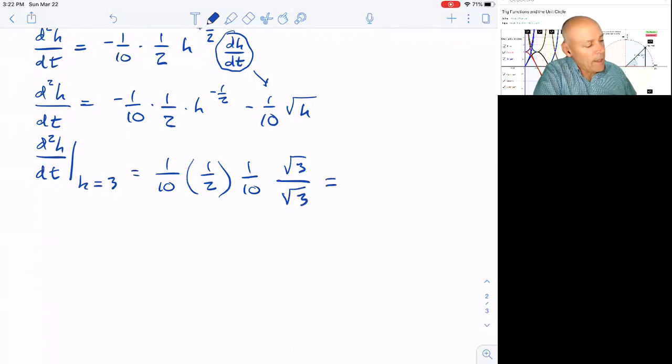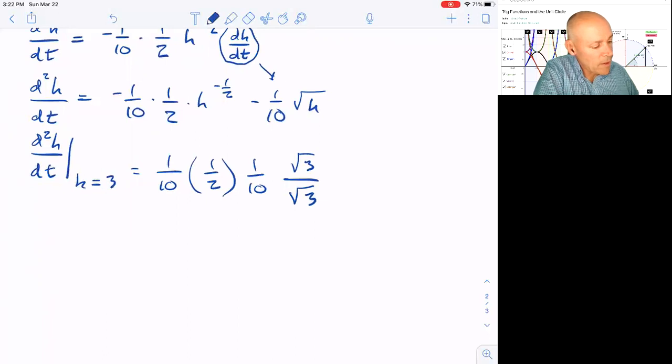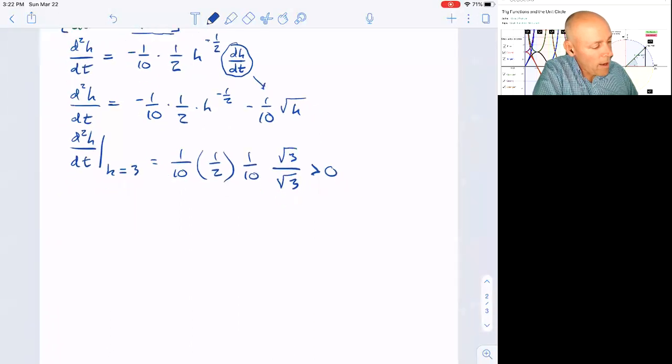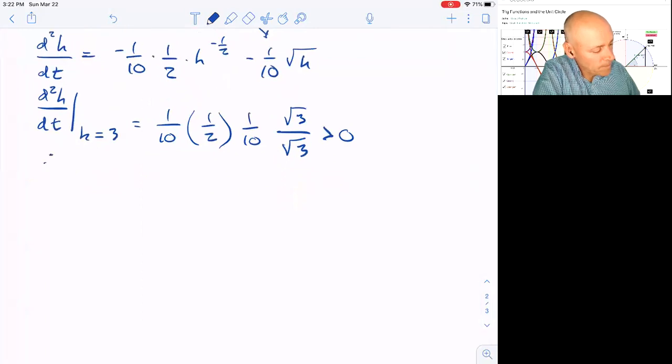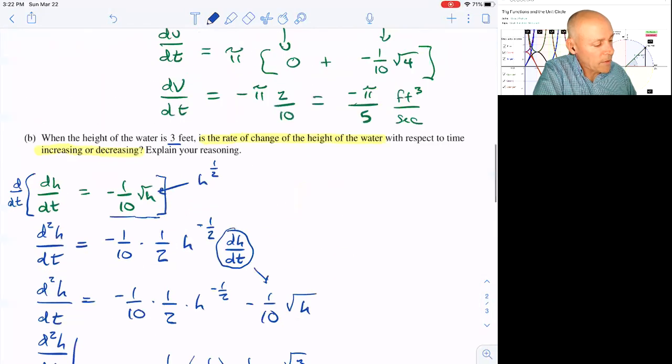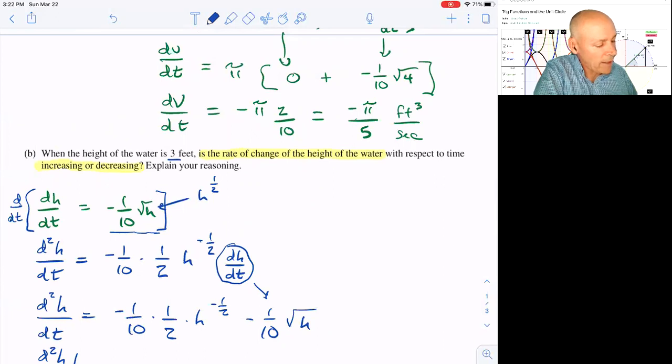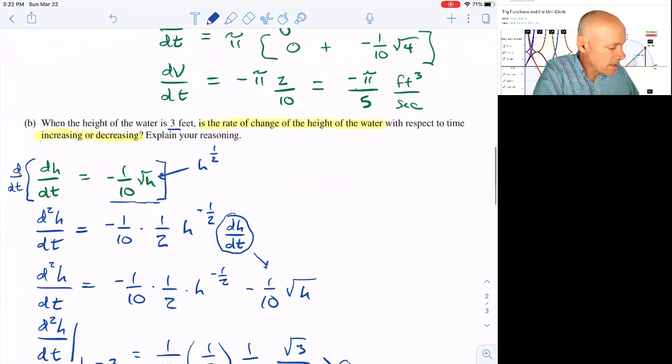Well, I don't even really care what this is. The only thing I care about is that this is going to be some positive number. Therefore, what I like to do is just phrase the question back to them, but I can see since this is positive, it's going to be increasing. I'm going to say the rate of change of the height of the water with respect to time is increasing when the height of the water is 3 feet.